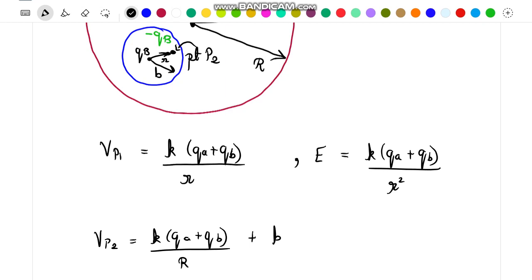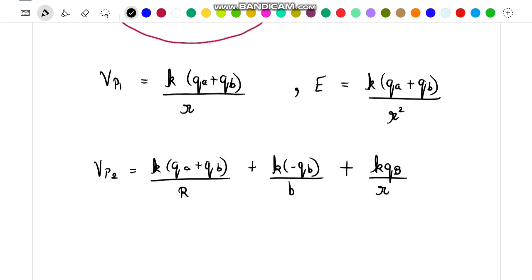The potential created due to induced charge minus QB will be K QB by b, plus finally the potential at this point created by the charge present at the center, which is K QB by r. So this is the net potential at point P2.